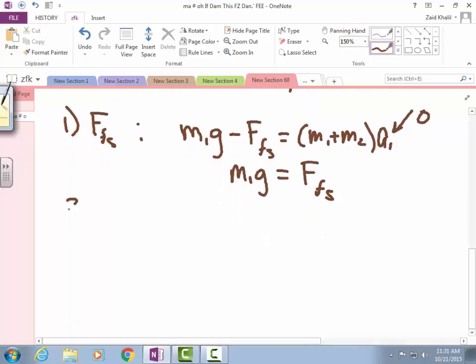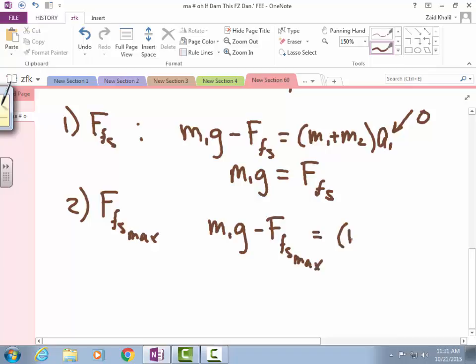So now the second case is FFS max. For FFS max, what can we do? We can replace FFS with FFS max. We get M1G minus FFS max equals M1 plus M2 times A1. But what's A1?